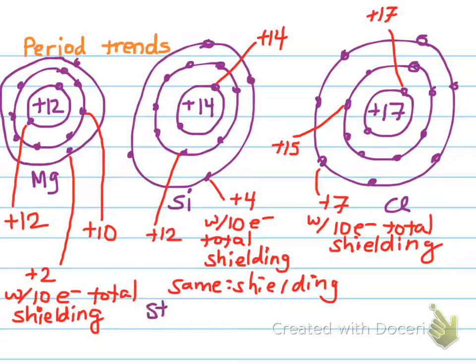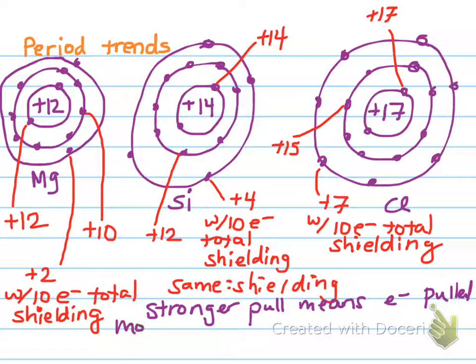Remember that a stronger pull means that the electrons are being pulled more tightly toward the nucleus.